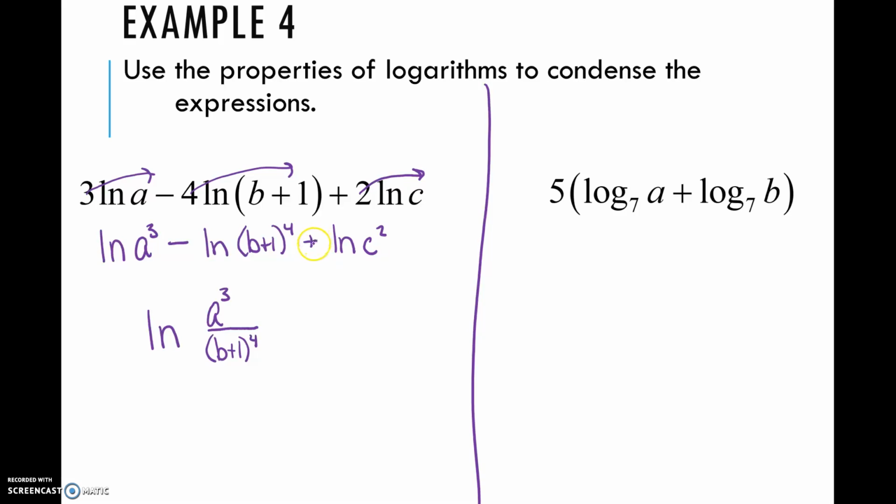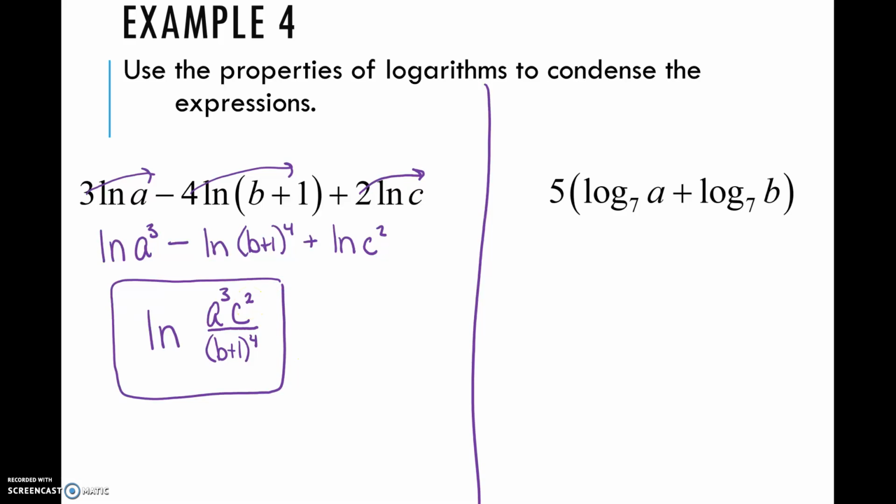And this is really why I teach you the positive goes on top, negative goes on the bottom. C squared is inside a positive log, so even though it comes last, it is going to end up on the top. And that would be your answer for that part.